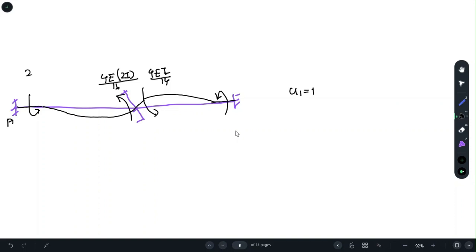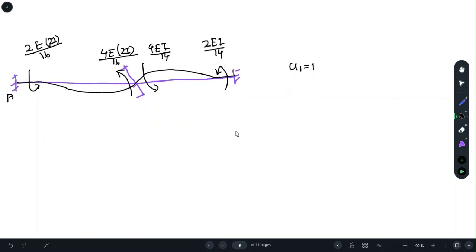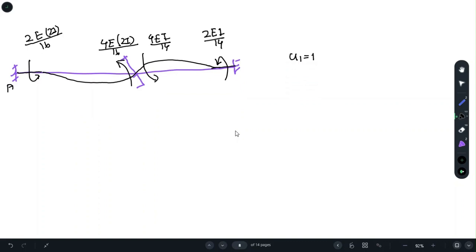That will be twice E twice I over 16, and at this point it will be half of this, which is twice EI over 14. These are the possible moments generated for the application of doki U1 equal to 1 and U2 equal to 0. And now we'll apply the doki U2 equal to 1 and U1 equal to 0.